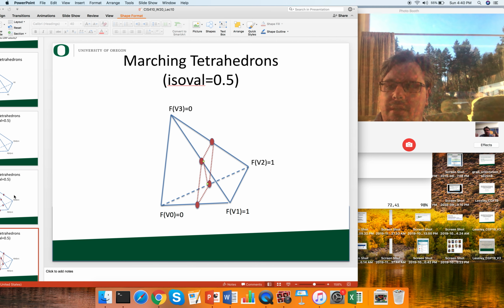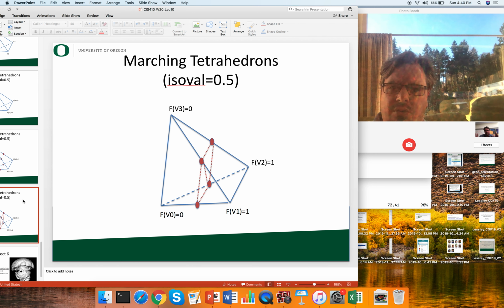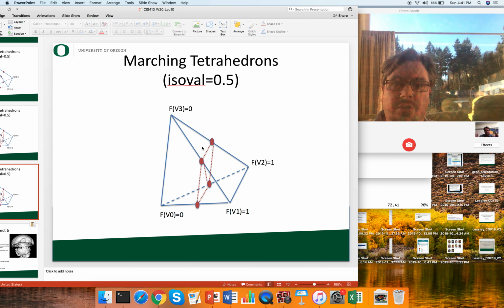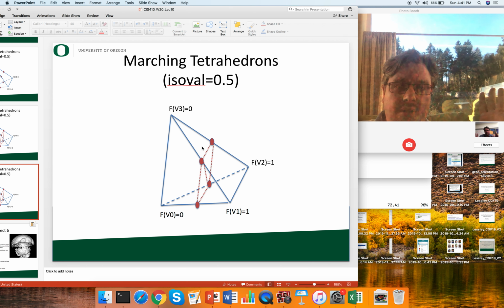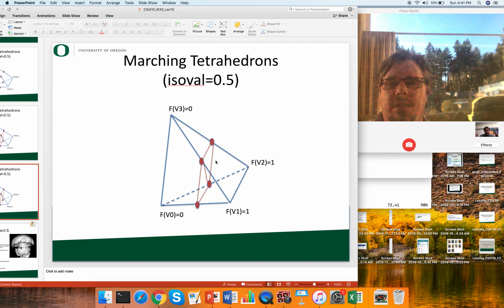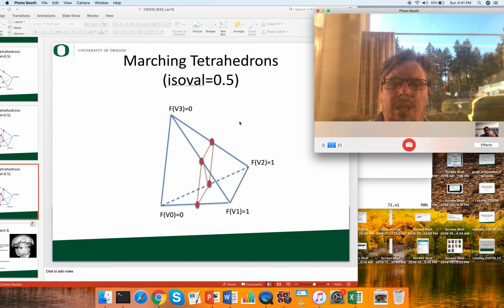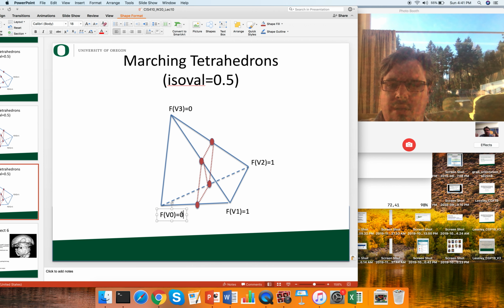Now I've done the harder case. The easier cases are, if they're all 0, meaning they're all less than the ISO value, then nothing. And if they're all 1, they're all bigger than the ISO value, then nothing. The only other case is that you have 1 that's low and the rest are high. Let me just do that really quick.